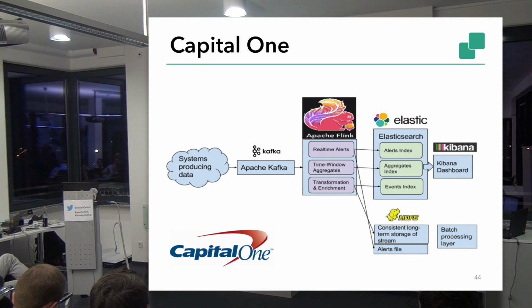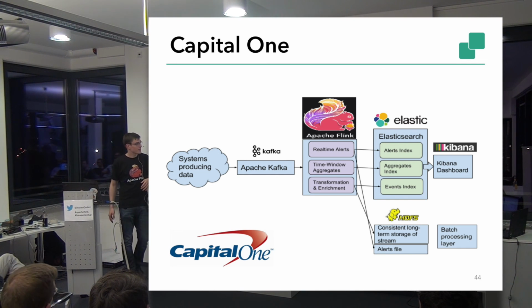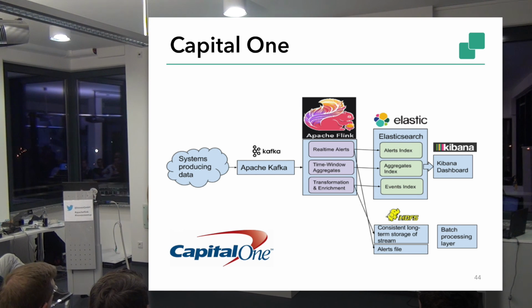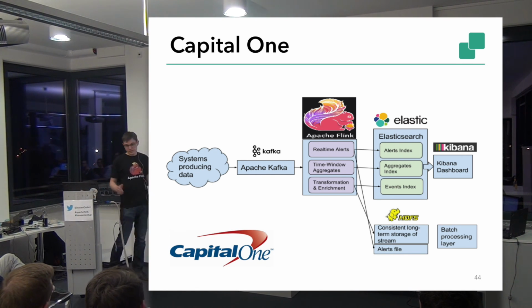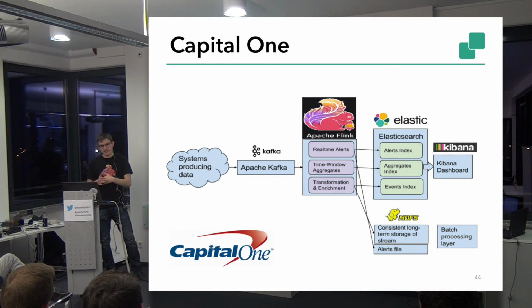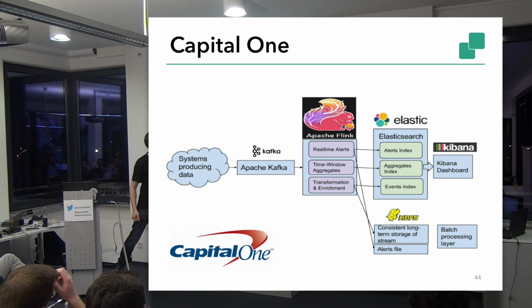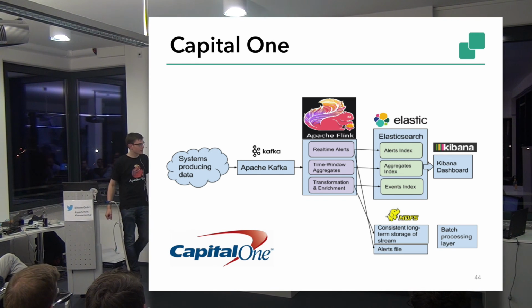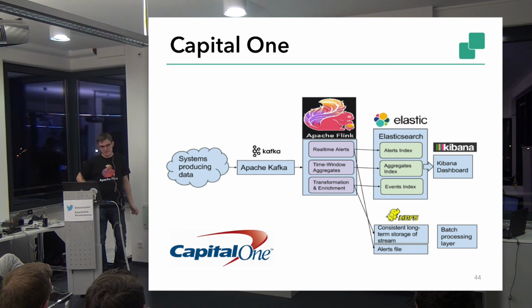Then they do window aggregates where they collect data of certain time frames, and they do simple transformations, because in these indexes, so in this case they were using Elasticsearch, they want to add data before they put it into Elasticsearch so that users can access it. They have weird IDs for some category, and they use these enrichment or transformation functions for putting the name there.